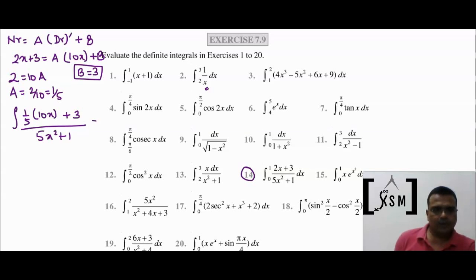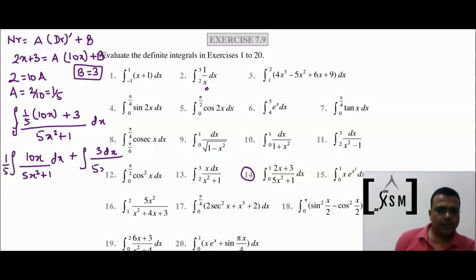Okay. Then guys, we will split this into two parts. See how 1 over 5 is out and 10x over 5x square plus 1 dx, and then the other part will be plus 3 dx over 5x square plus 1. Okay.